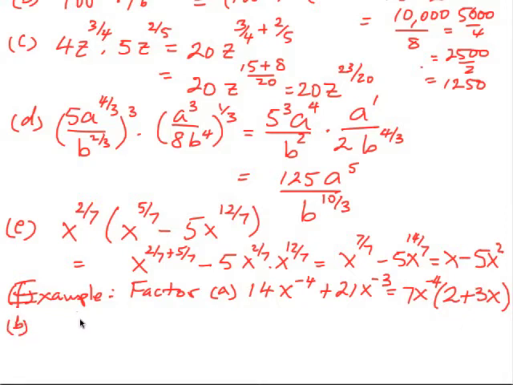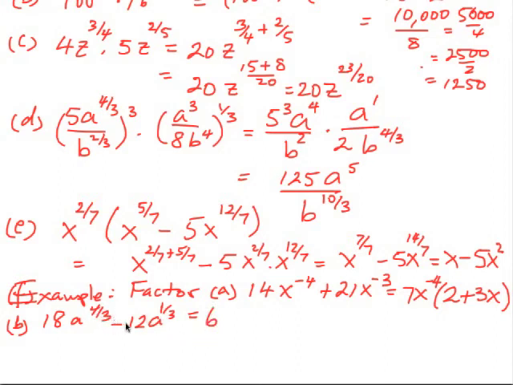Right, let's try another one. Let's suppose we have 18a to the 4/3 minus 12a to the 1/3. So again, we look for common factors in the numbers, which of course is 6. Now we look at this and say, okay, 4/3.